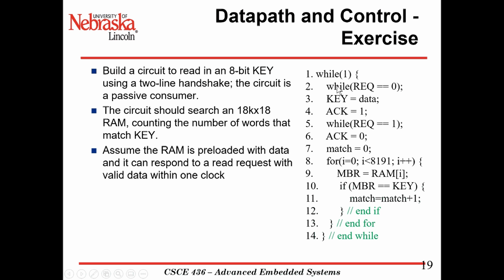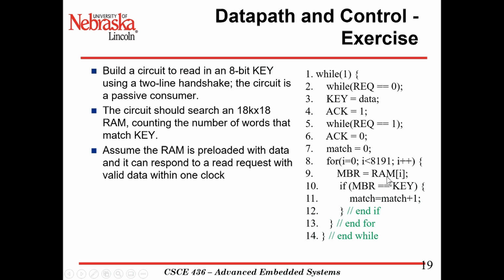It's going to go through while request is 0, so it's starting out the same way as it was before. Request is 0. We check the data, see if it's equal to the key. We send out an acknowledgement. While request is 1, we wait, and then once that goes low, we drop our acknowledge and set match equal to 0, and then we're going to go through and check from 0 to 8,191.